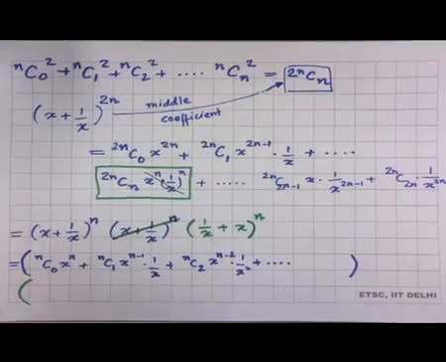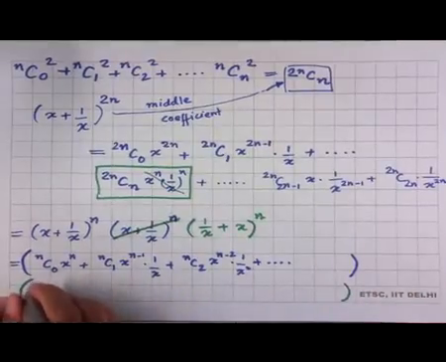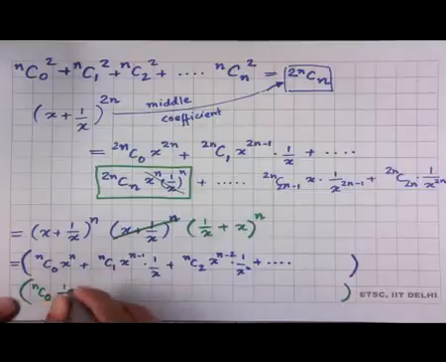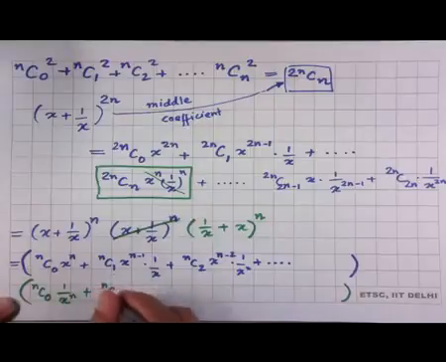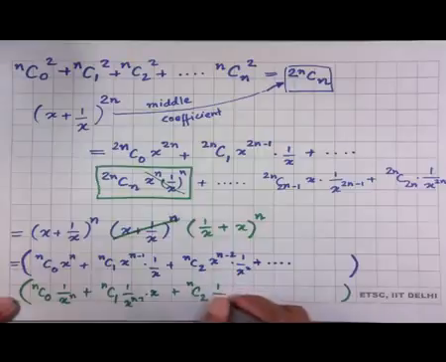So, what is the expansion of the second term? The expansion of the second term is again NC0 times 1 by x whole power n plus NC1 times 1 by x power n minus 1 times x plus NC2 times 1 by x power n minus 2 times x squared plus dot dot dot.